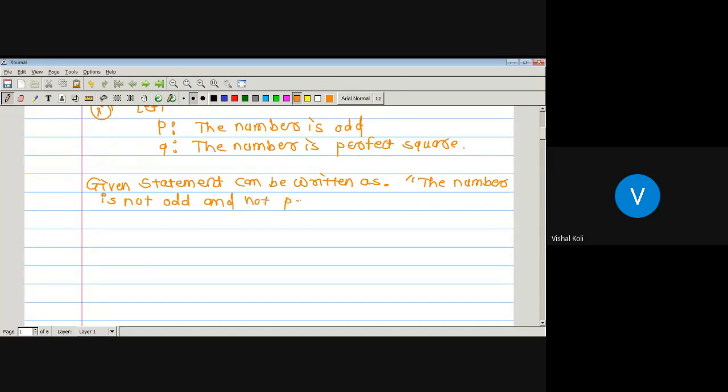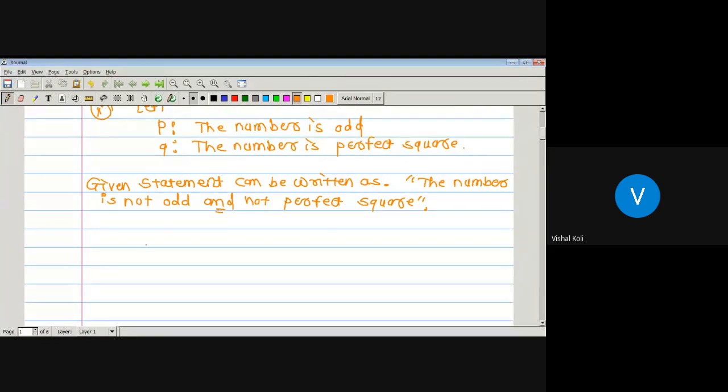The given statement is the number is neither odd nor a perfect square, and both statements have the same meaning. Now here we have used the logical connective and.